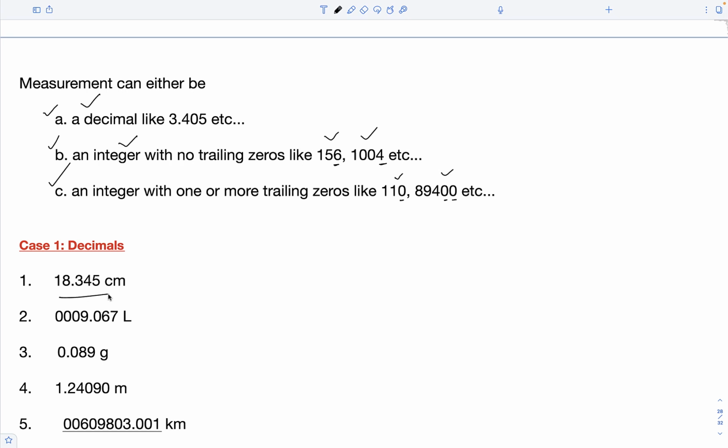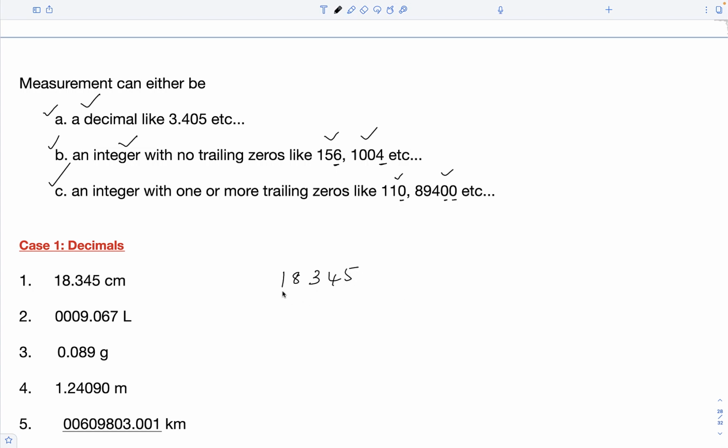How many significant figures are there in this measurement? As we just discussed, the location of the decimal point has no effect on the number of significant figures. So we can ignore this decimal point altogether for the purpose of figuring out significant figures. So rewrite this number without the decimal point. That will be 18345.